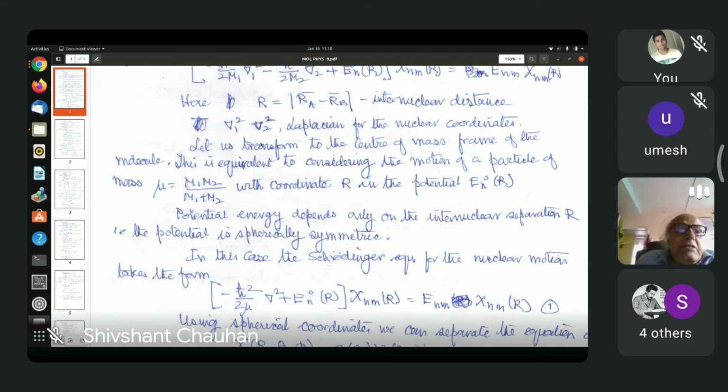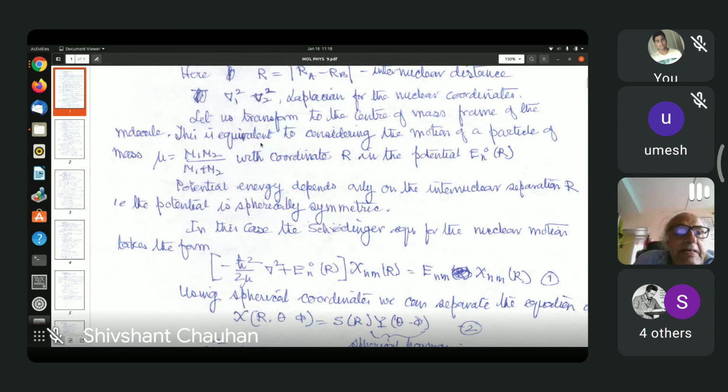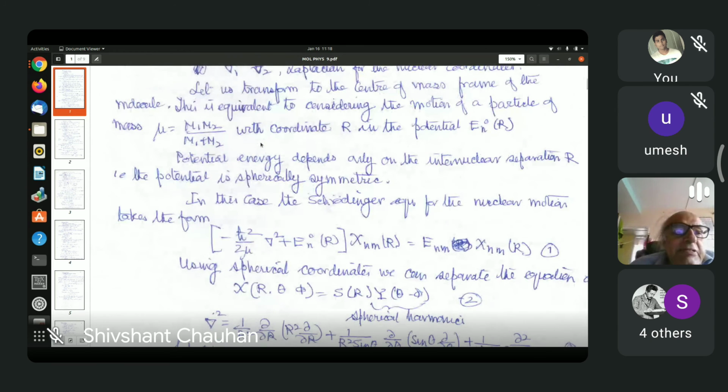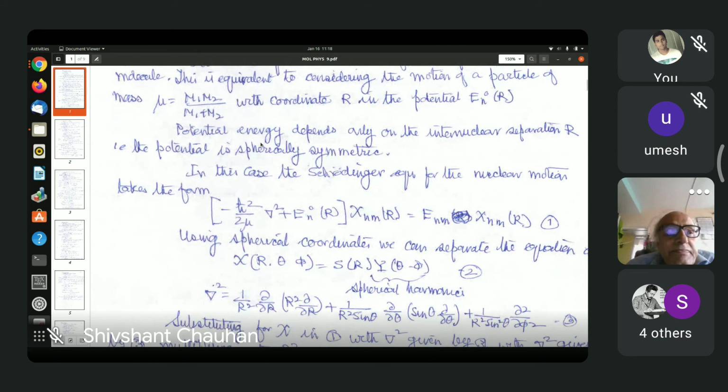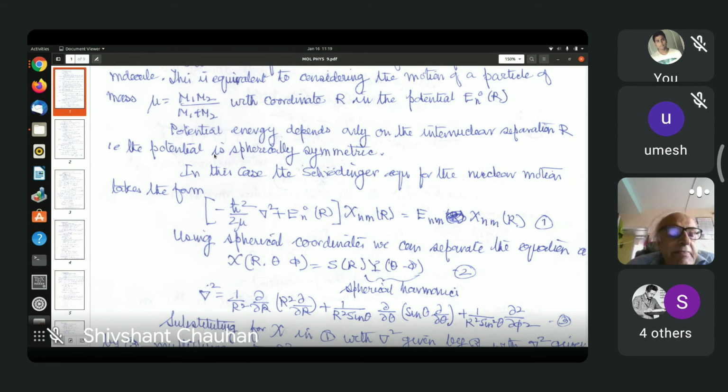This is the scalar R equation, minus ħ² by 2μ. We have also changed to the center of mass system, so that the effective mass becomes μ, m1 m2 divided by m1 plus m2. This is the reduced mass of the two nuclei.